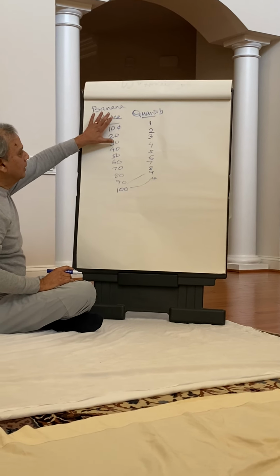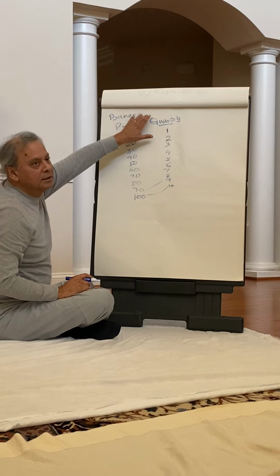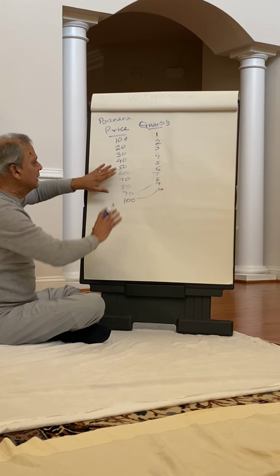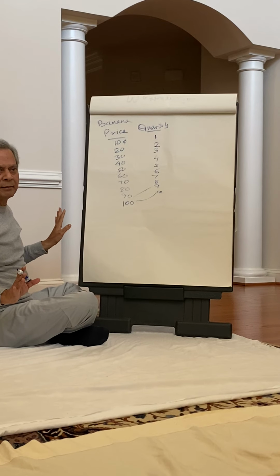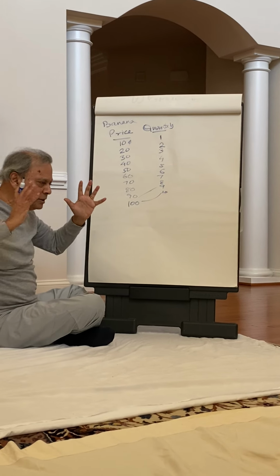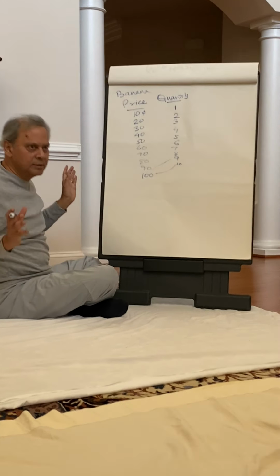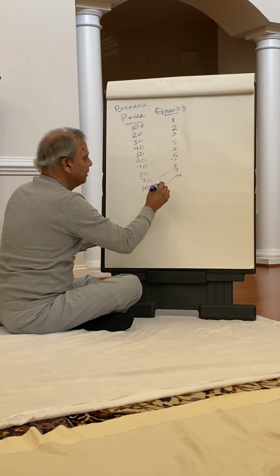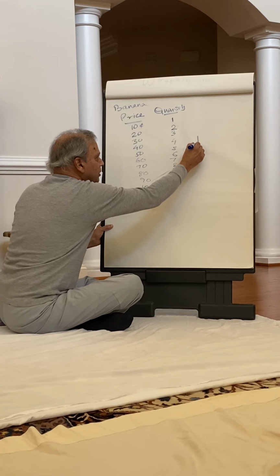Now, there may be other things, apples and oranges and lots of other things you can buy, and there's a lot of numbers, right? So how do you make a short story out of a large number of facts? You draw a picture. So you're drawing a picture like this.